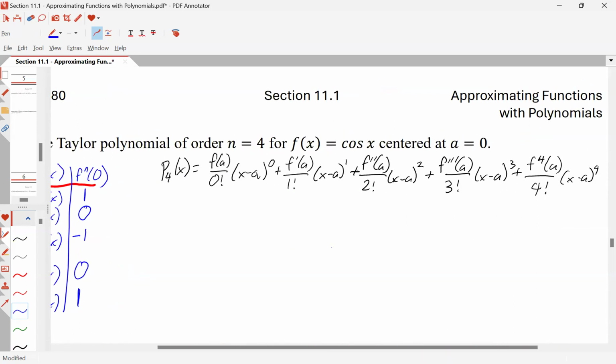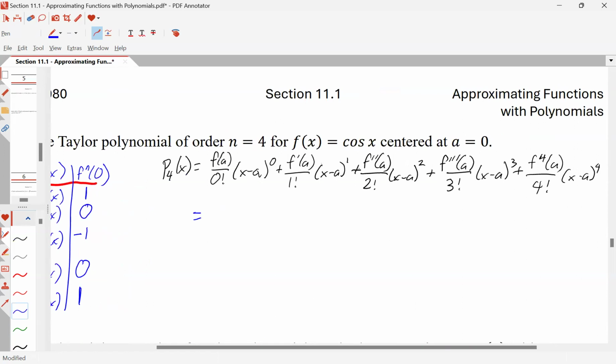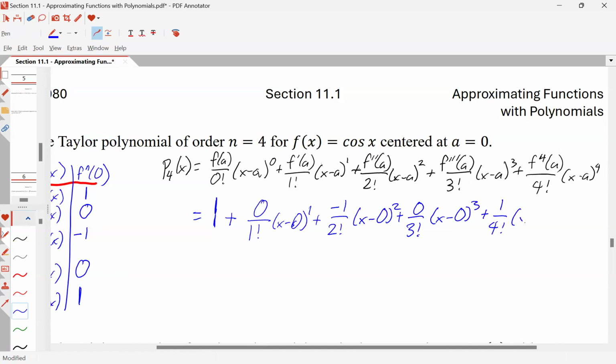So we're going to plug that into our formula. f of a is 1 over 0 factorial, and 0 factorial is 1. x minus a to the 0 we define to be 1. So plus 0 over 1 factorial, x minus 0 to the first, plus negative 1 over 2 factorial, x minus 0 squared, plus 0 over 3 factorial, x minus 0 cubed, plus 1 over 4 factorial, x minus 0 to the fourth.